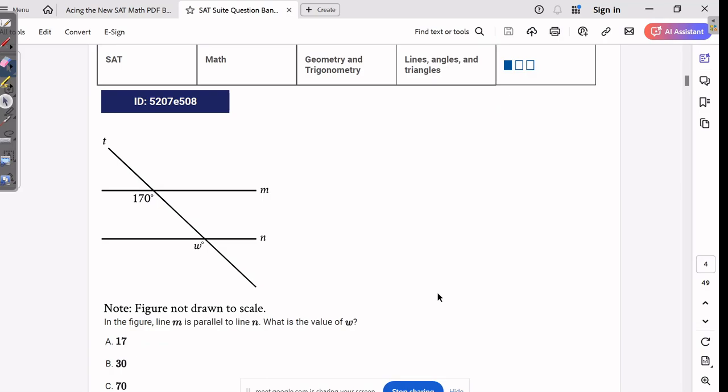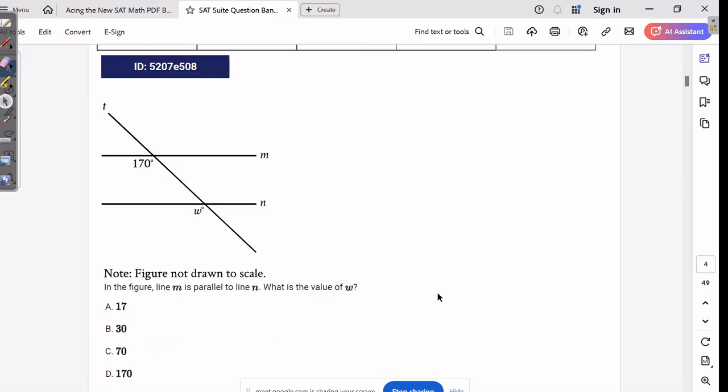Okay, let's do this. In the figure, line M is parallel to line N. What is the value of W? Is it 170? 170, and why?